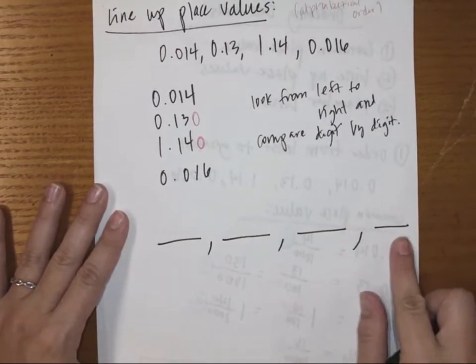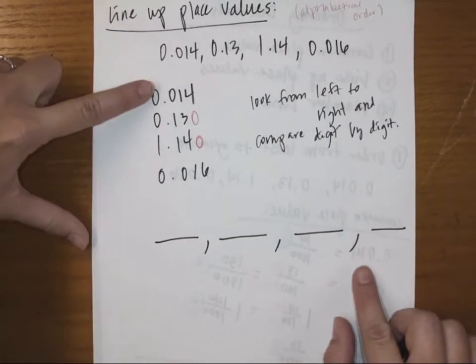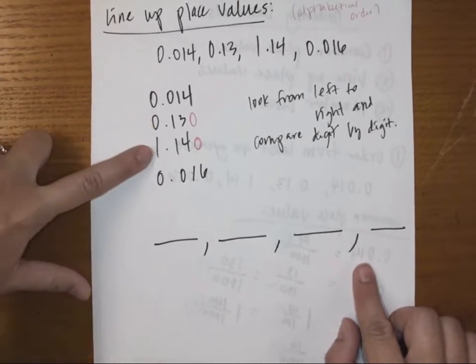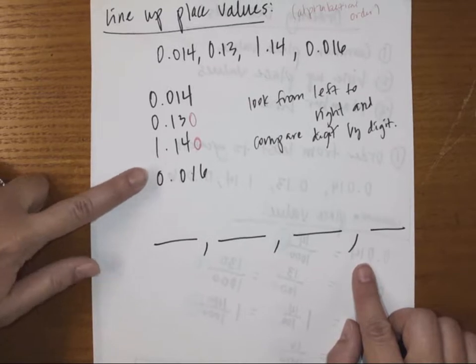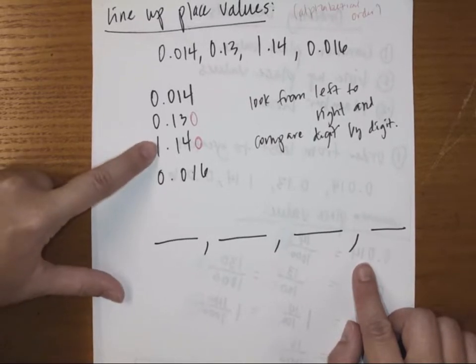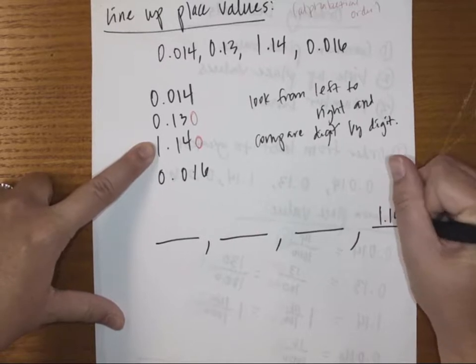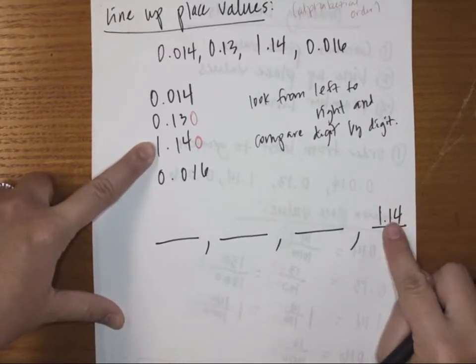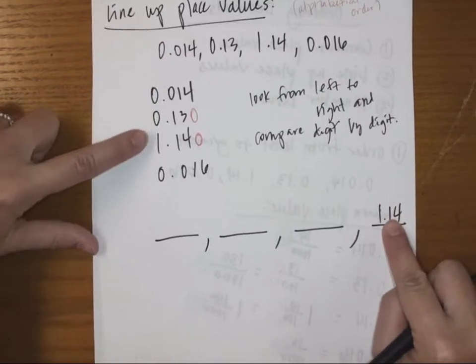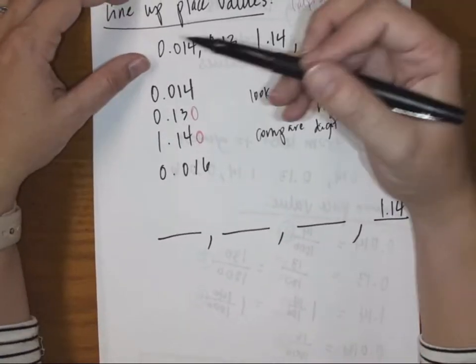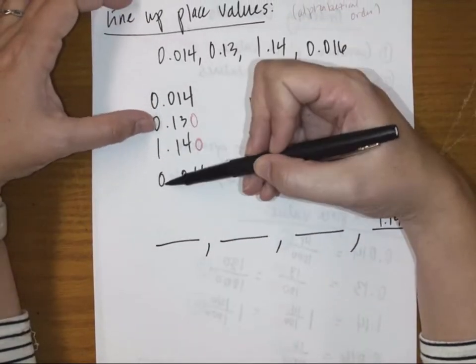This is my smallest, this is my biggest. If I start at the first digit, 0, 0, 1, 0, I can automatically see that this one's going to be my biggest one because it's the only one that has a whole. So 1.14 goes in the biggest spot. The rest of them, I don't know. They're going to be in the other 3 spots. I don't know which one comes first because they all have the same digit, 0.